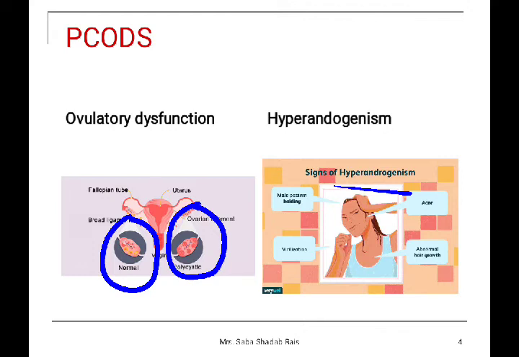So obesity is one of the major causes, because we say these are the sex hormones, these are the regulatory hormones, but all the hormones are under the control of the master gland, right? Whenever there is a hormonal disturbance, and all the hormones are interrelated, not necessarily the reproductive hormones only, it can cause various problems.